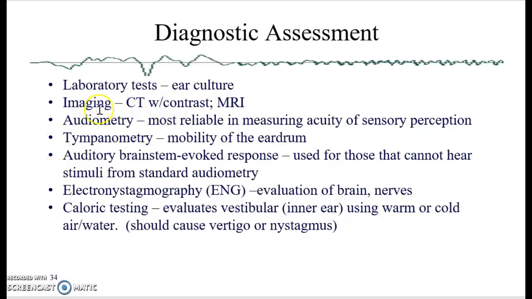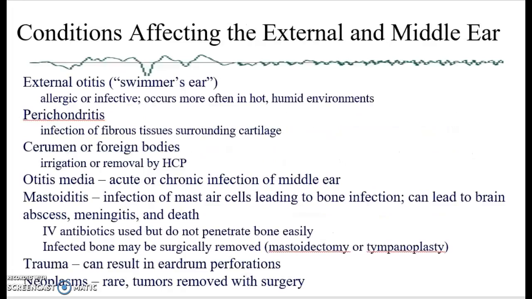Other, more extreme testing is audiometry, where they really look at measuring the acuity of sensory perception of sound, and then tympanometry, which looks at the mobility of the eardrum and whether it is responding to the sound. And then there are several other very specific tests that they go down the line and do if other things are not showing deficits.